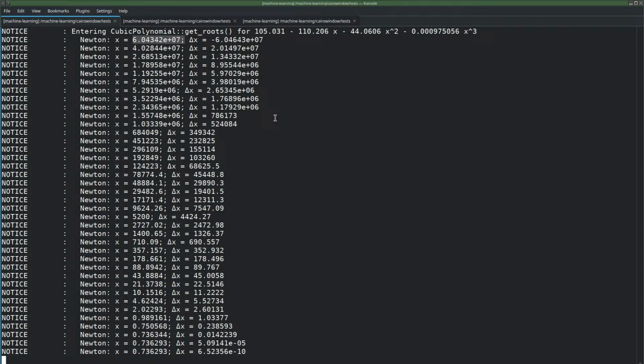This is not the starting value that we got before. This is still the same cubic though. So why is this so different? It doesn't have anything to do with the starting value or the algorithm chosen. What? Time for the debugger.